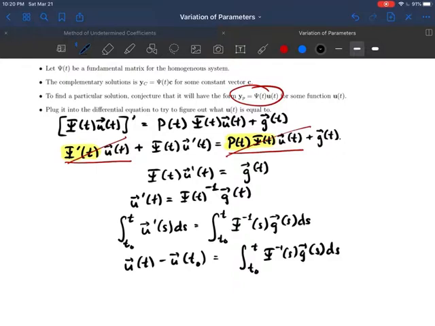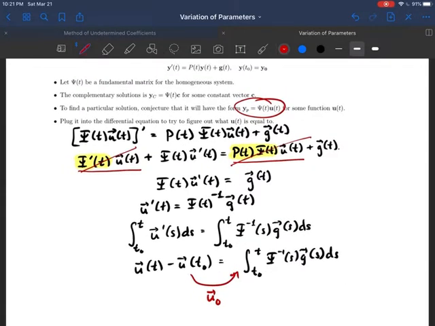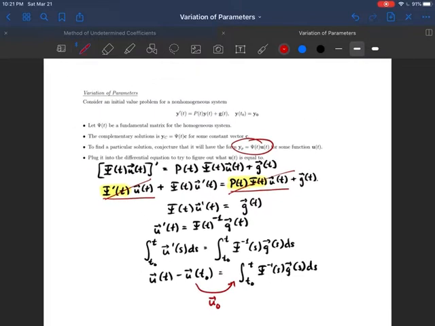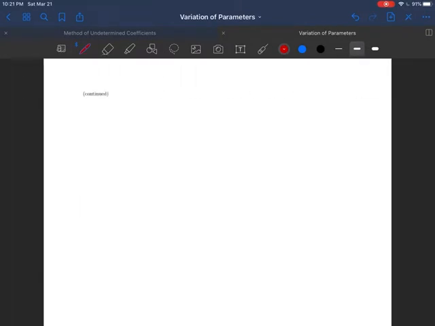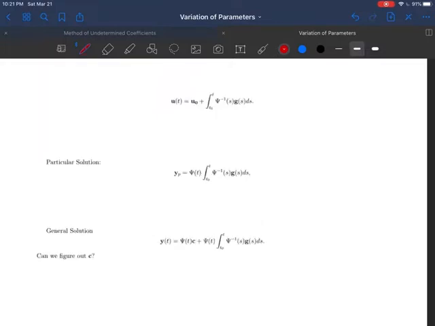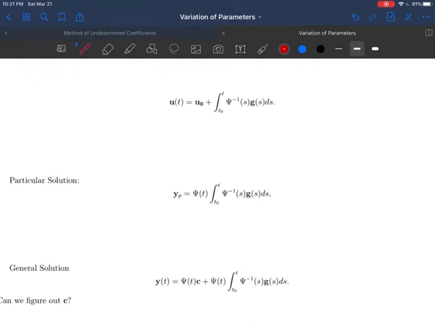And we can bring this over to the other side, right? We're just going to call that u0, and that will give us a formula for u of t. And so let's take a look at what we've got now. So we've got ourselves the equation here. u of t is equal to u of 0 plus the integral from t0 to t of c inverse of s, g of s, ds.